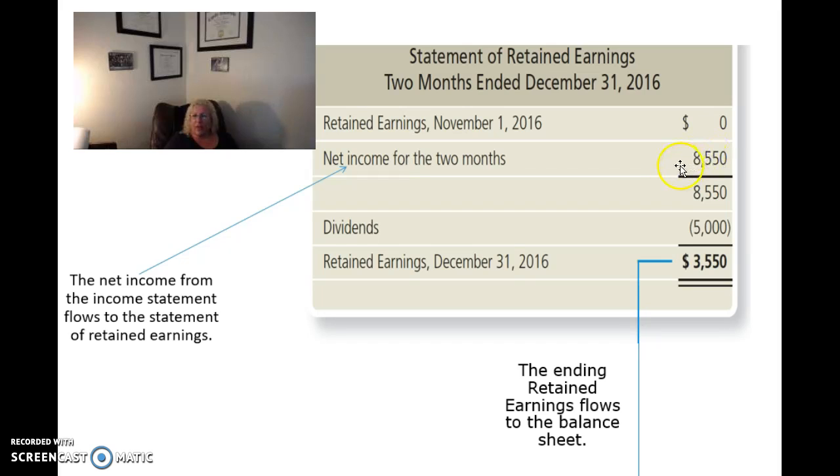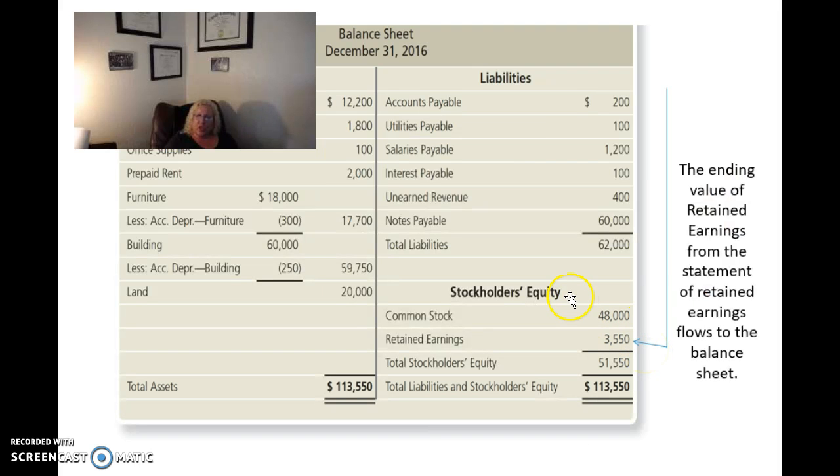Okay? And then you're going to add to that the net income for the 2 months, and you would subtract any dividends that were paid. So $5,000 here, and this gives us a balance in retained earnings of $3,550. That balance there is going to flow through to the balance sheet right here.